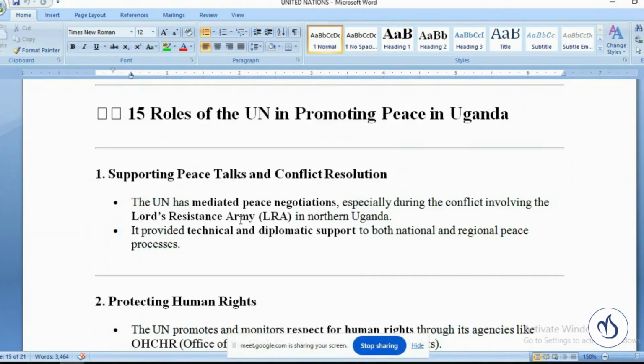In 1986, when President Museveni came into power, Kony and his sister, Kwena, in northern parts of Uganda, also became a problem. They wanted to overthrow the government.